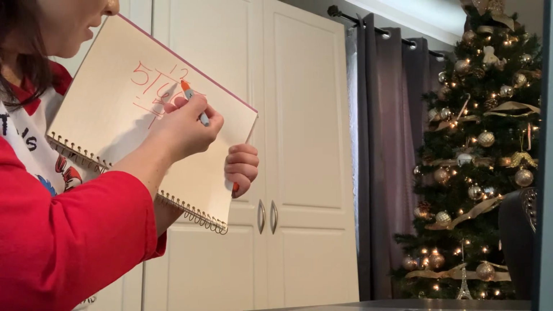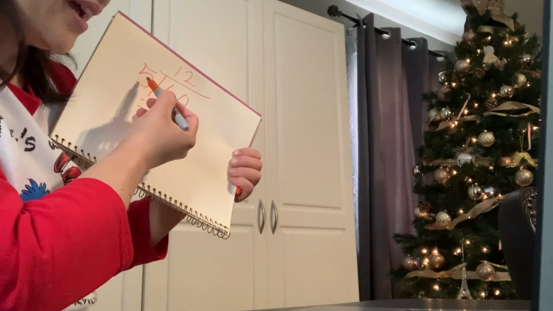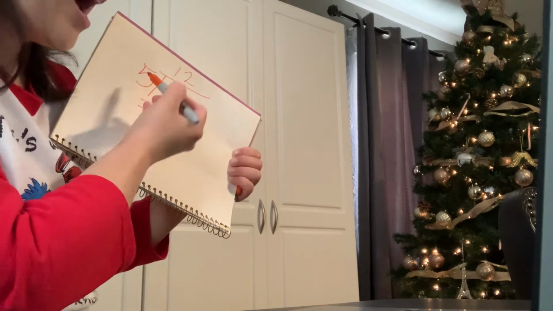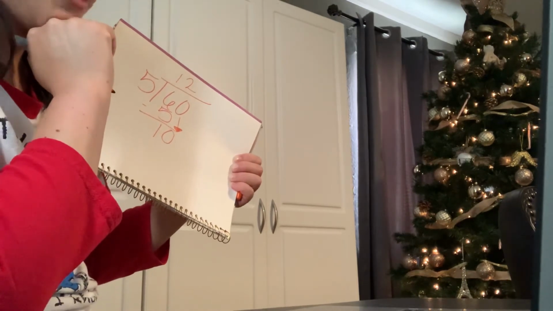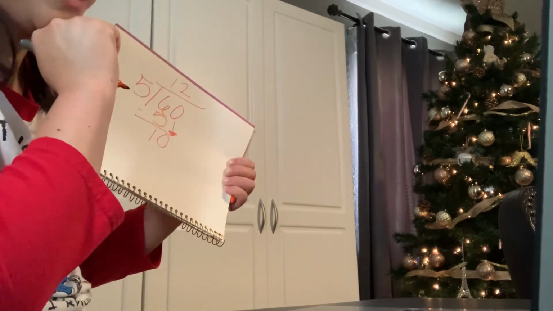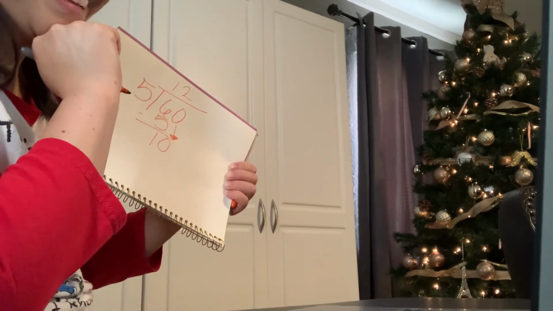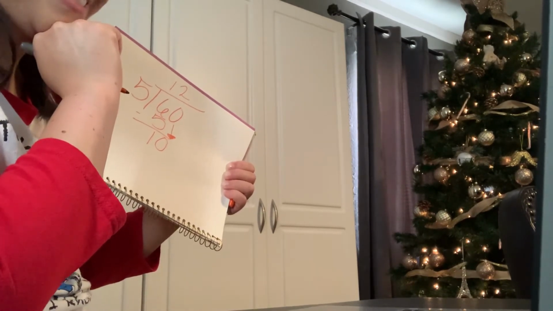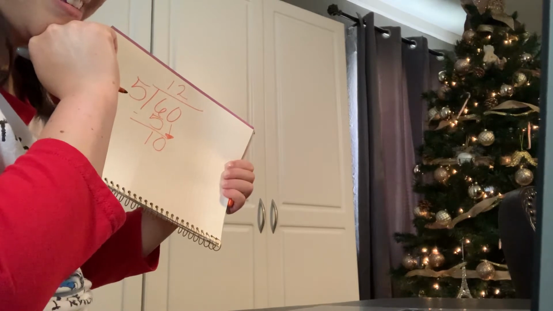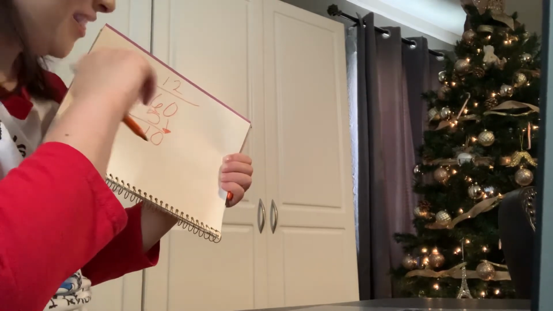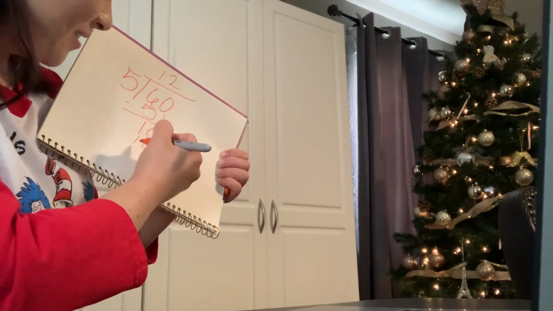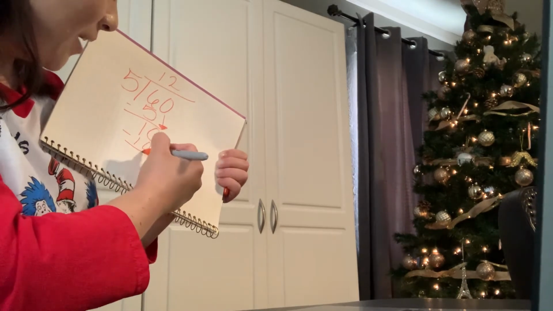And then 2 multiplied by 5 is how much? Please tell me you know, because I think even Coco knows. How much is it, ladies and gentlemen? 10, thank you. 10 take away 10 is 0.